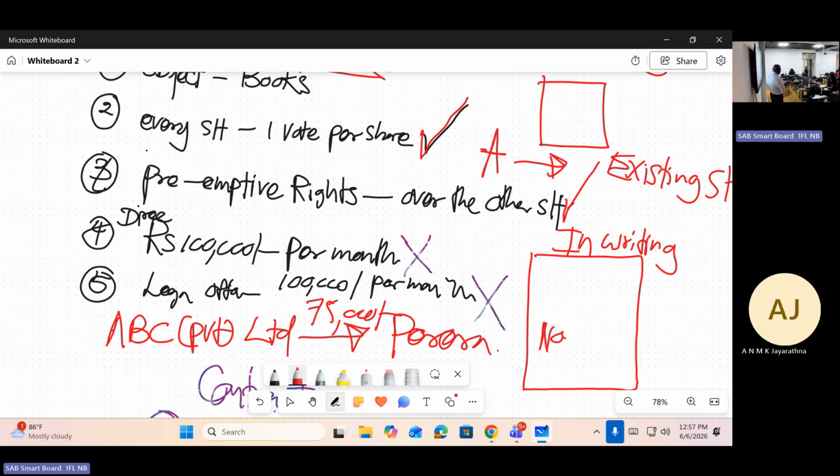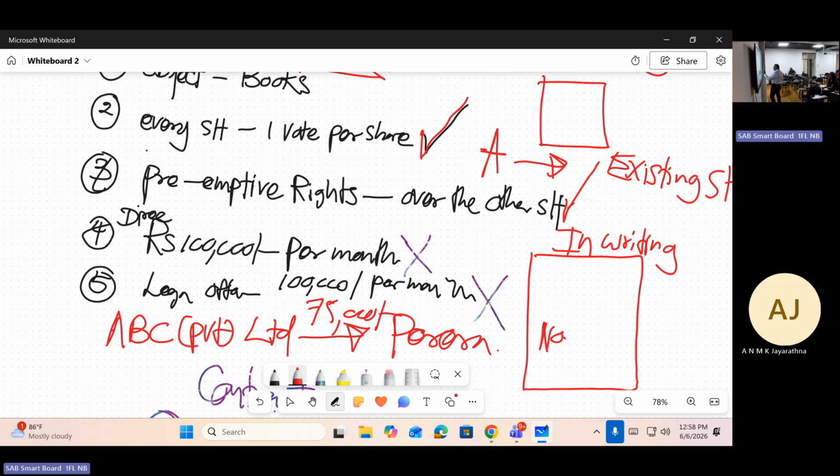Then what happened? The company attempted to pay a lesser amount, then this person filed an action against the company to recover 100,000 rupees instead of 75,000, the amount mentioned in the articles. But by this provision, no contract.